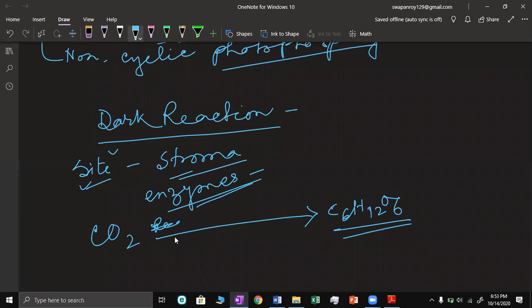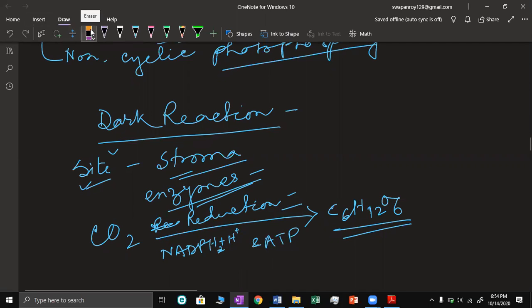So there is a reduction, and for the reduction, the assimilatory power, NADPH2 and ATP, are utilized.